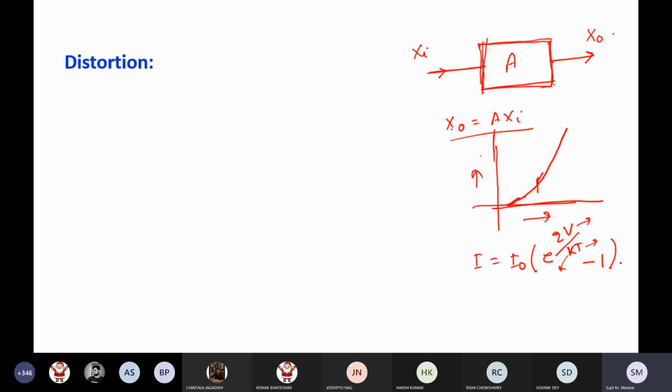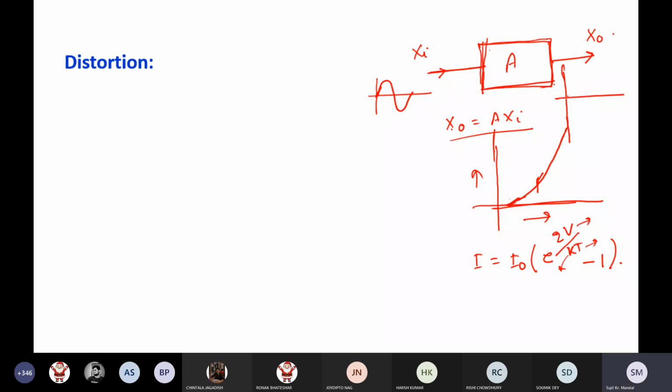region, and due to that, if you apply a sinusoidal signal, this is the waveform. What if you apply the sinusoidal signal at its input? For a distortionless amplifier, at its output the amplifier should provide the amplified version of the input signal.